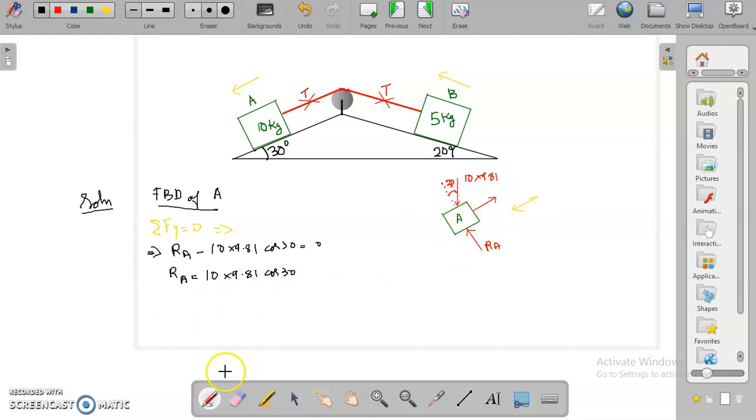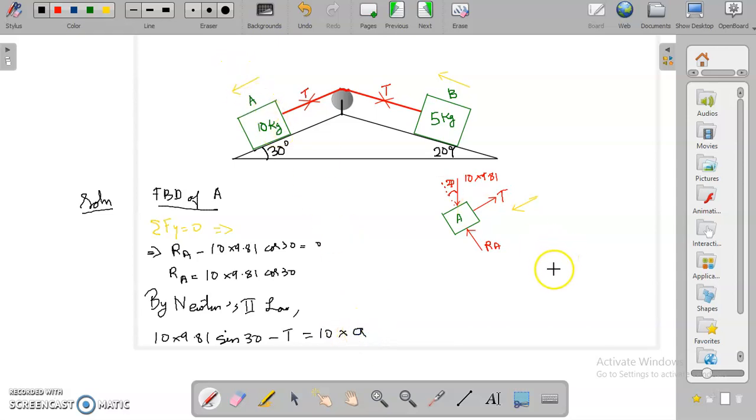So here this is tension T. By applying Newton's second law, we can say 10 into 9.81 sin 30 minus T equals mass into acceleration, that is, mass is 10 kg into acceleration a.